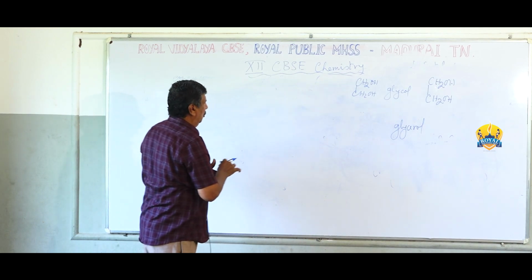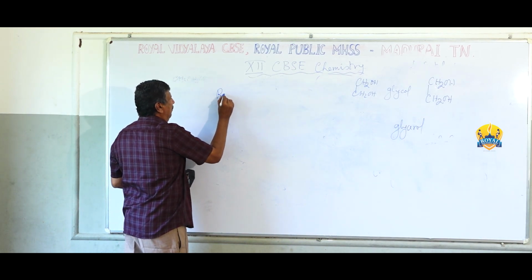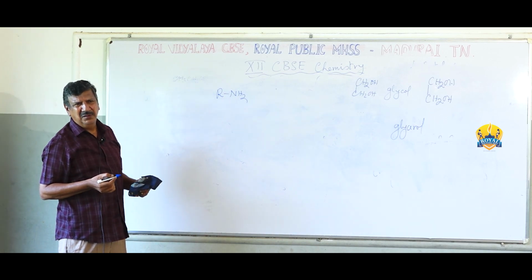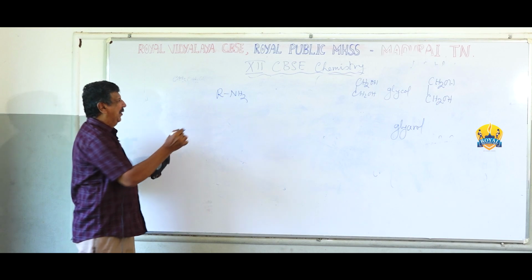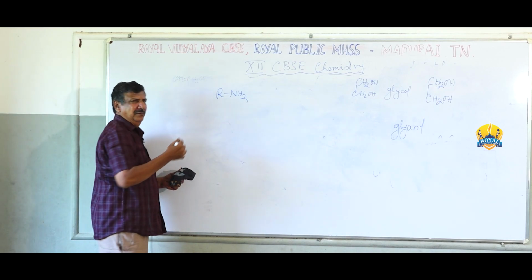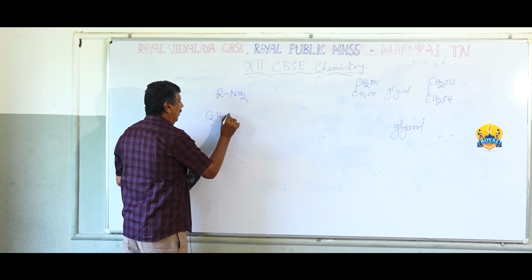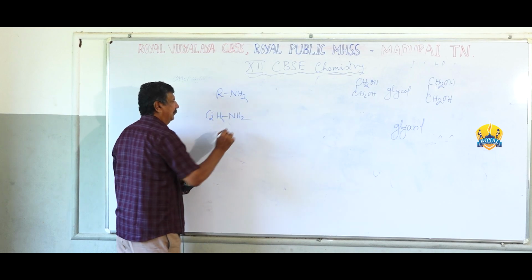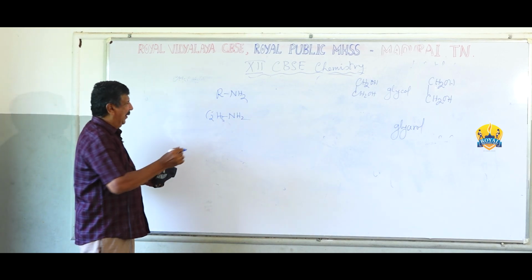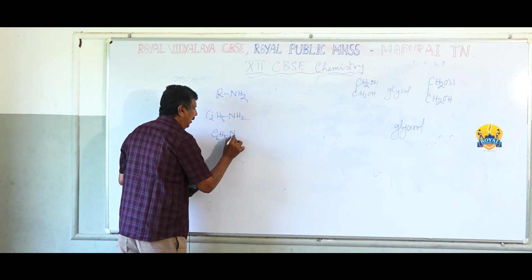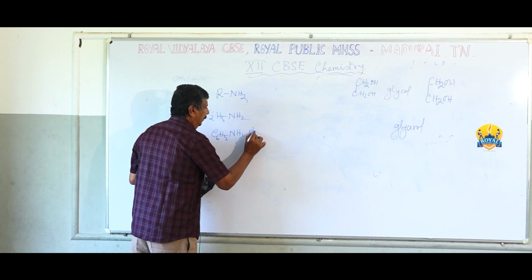Next one, you are going to see amines. You see amines. Very easy. When you write methyl, methylamine. When you write ethyl, you will call it ethylamine. When you write phenyl, it is called phenylamine.